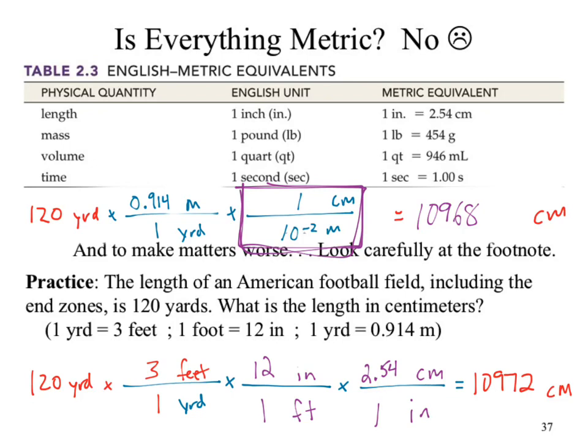It's infinite. That is a definition. Okay? There are exactly 10 to the minus 2 meters in 1 centimeter. Because it is a definition, that has infinite sig figs. How about the next one? 0.914 meters to 1 yard.